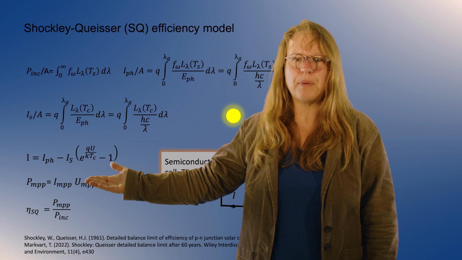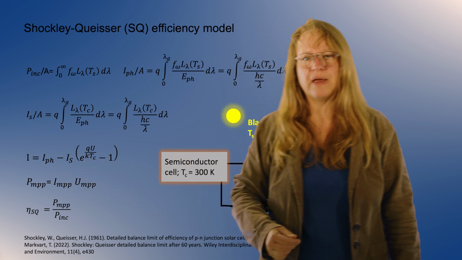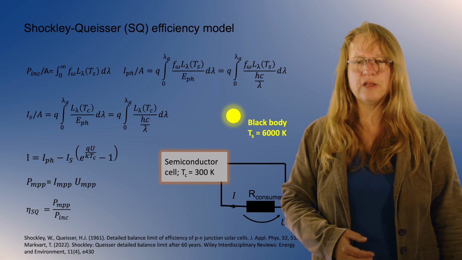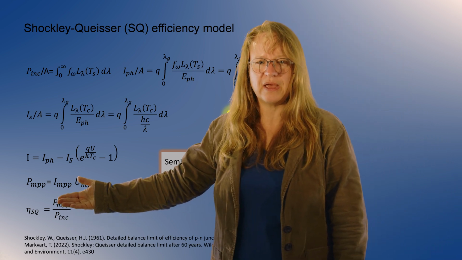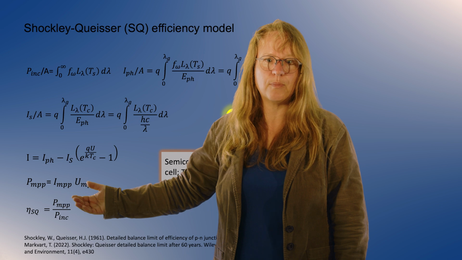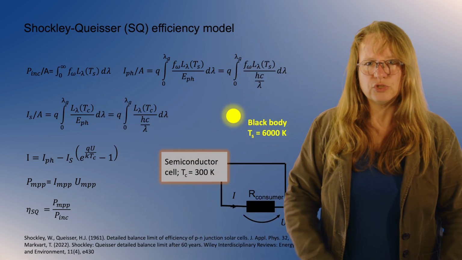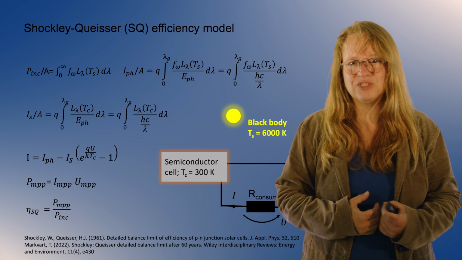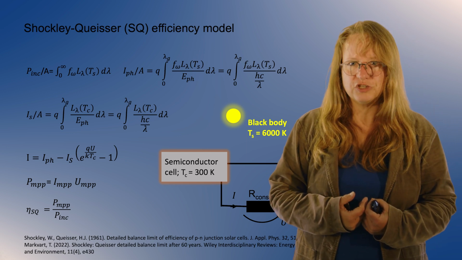And that maximum power is given by the voltage at the maximum power point multiplied by the current at the maximum power point. And then finally, the Shockley-Queisser efficiency is given by the power at the maximum power point divided by the incoming power we had up here. So this is all that has to be done in order to calculate the Shockley-Queisser efficiency.